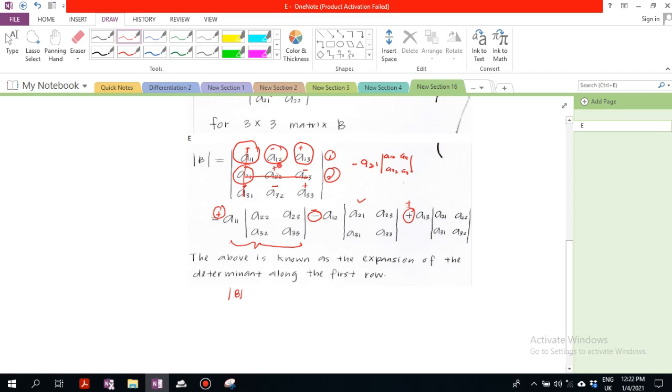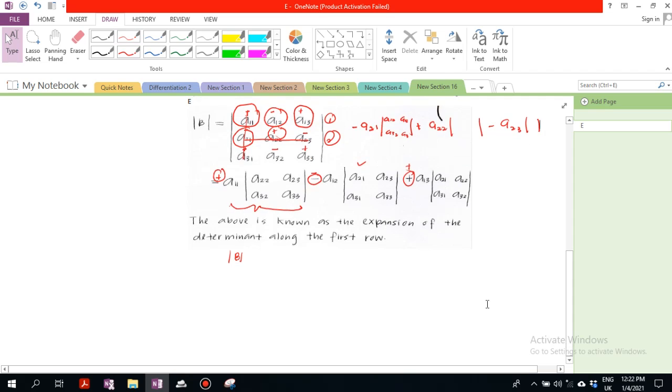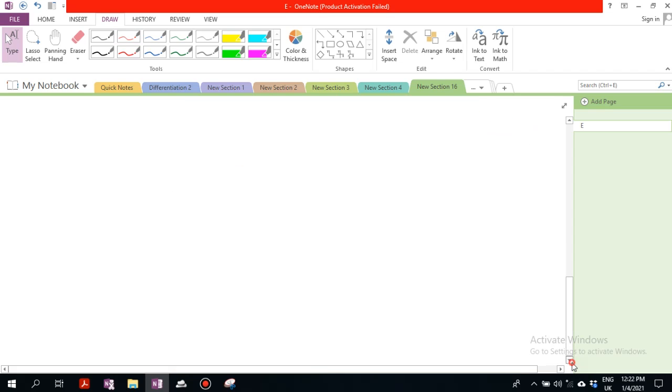Next is a positive A22, then a negative again, A23. So it depends on the negative positive signs over here. Okay, to make things clear, we can go for example 1.